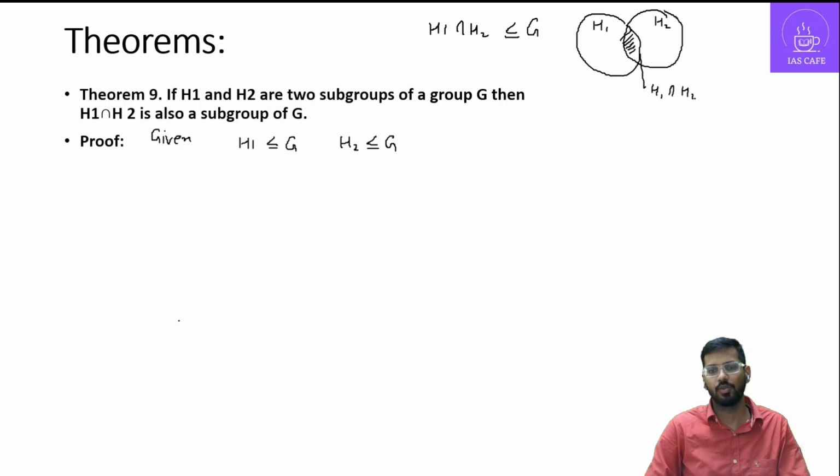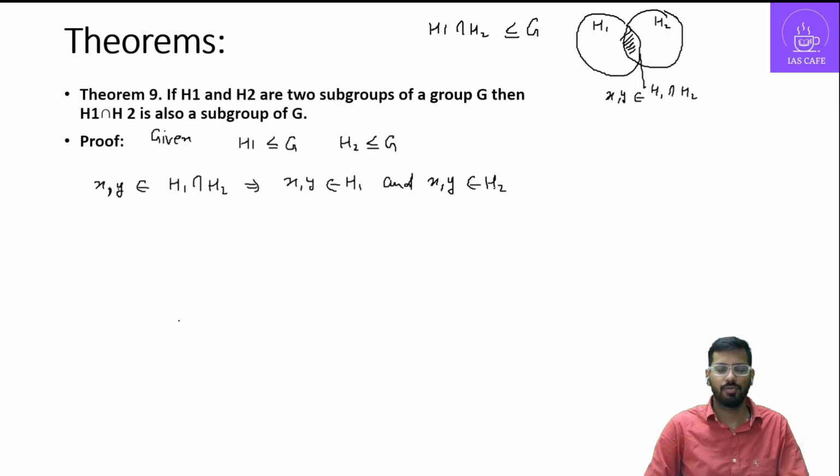H1 intersection H2. अगर हम इस H1 intersection H2 में दो एलिमेंट लेते हैं X and Y that belong to H1 intersection H2, that implies X, Y belong to H1 and X, Y belong to H2. ओके, इंटरसेक्शन का मतलब ये होता है कि दोनों जो सेट हैं उसमें लाई करेगा ये एलिमेंट.